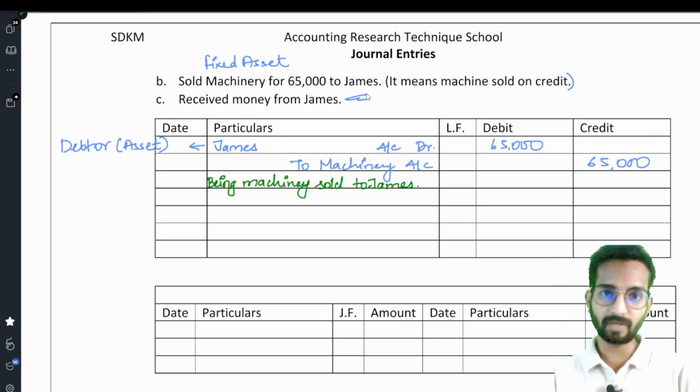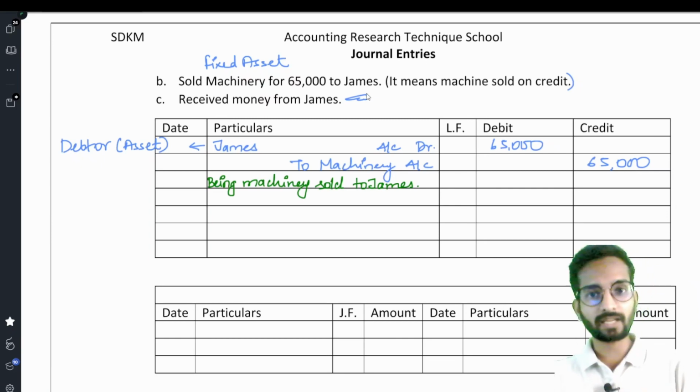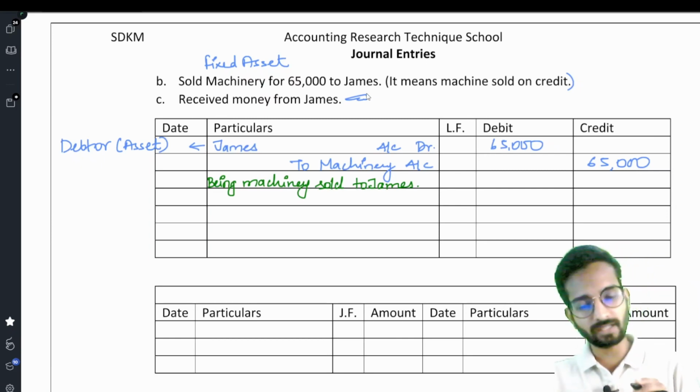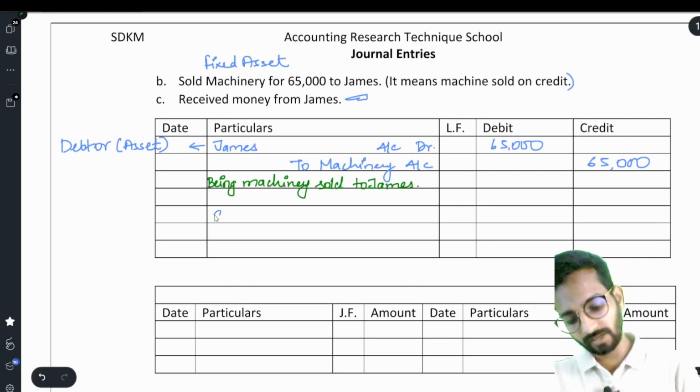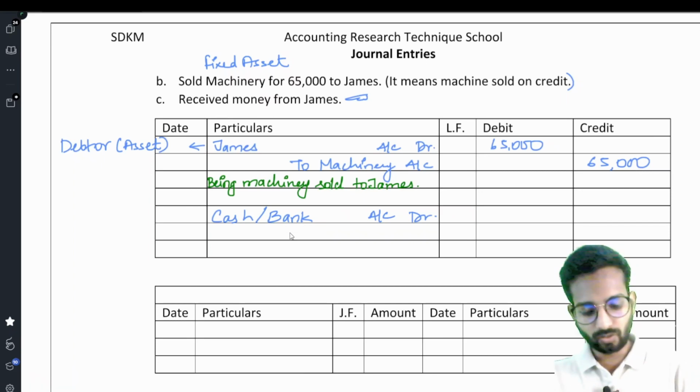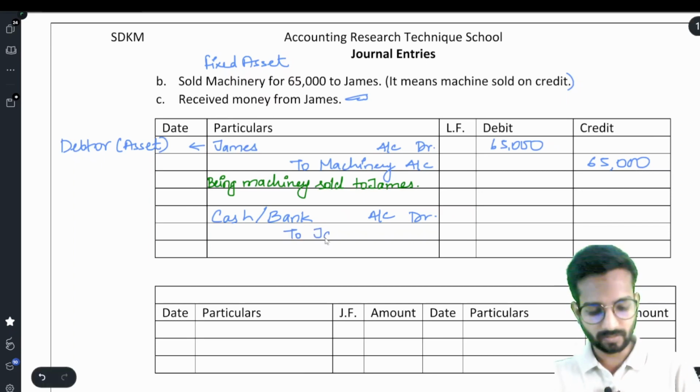After this, they are saying we have received money from James. If you have received money from James, it means what? Our cash account increased and now James will not be liable to pay us anything. It means now we will write cash account debit because I have received the money. You can write cash or bank, anything, both answers are correct. Cash account debit to James account.